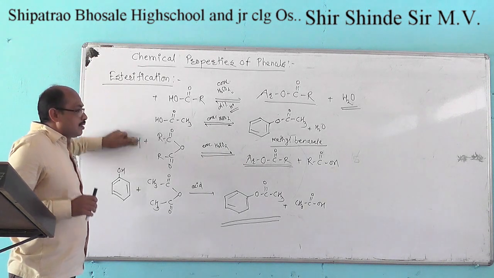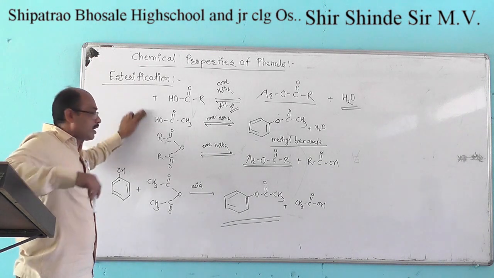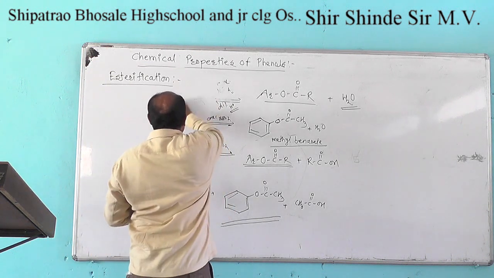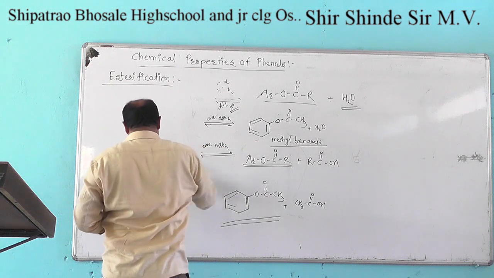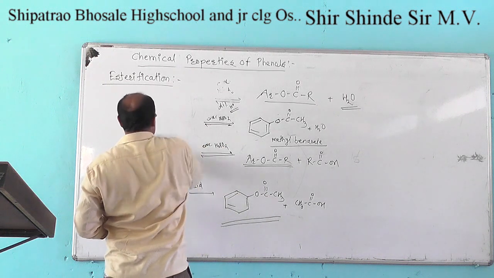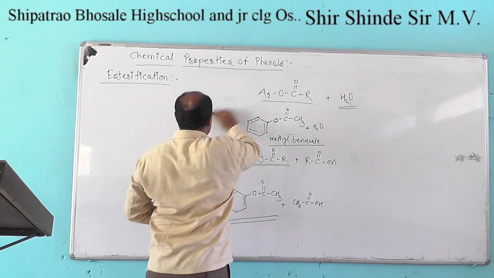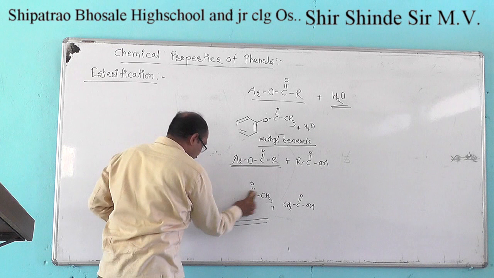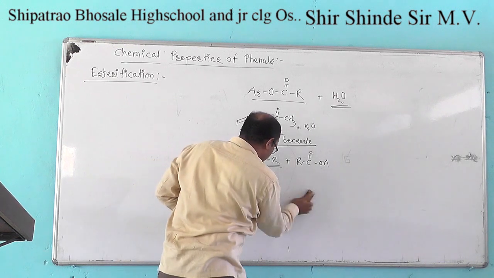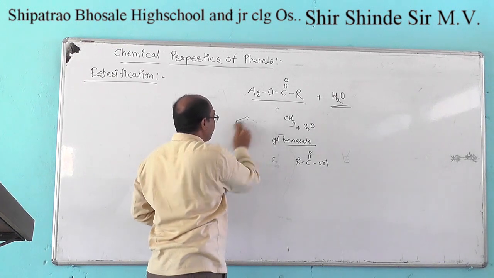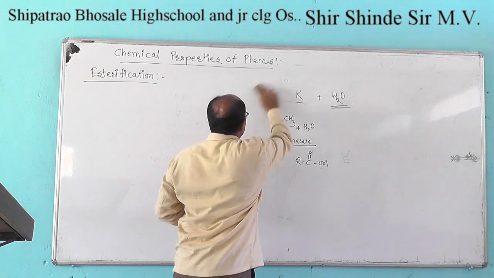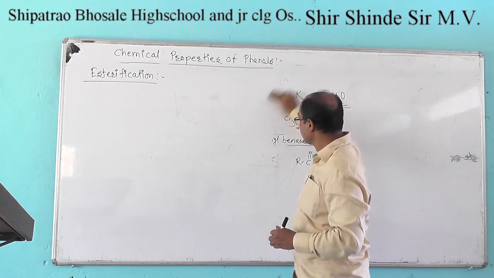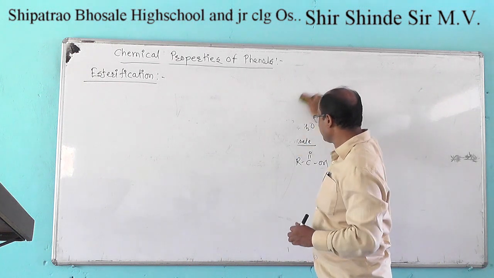Phenols on treatment with acid chlorides give us the formation of ester. But the reaction of phenols with acid chlorides has the formation of hydrochloric acid as a byproduct, which makes that reaction reversible.